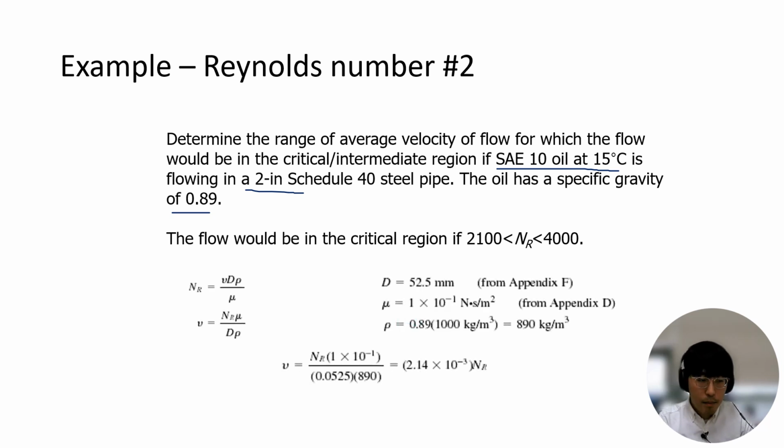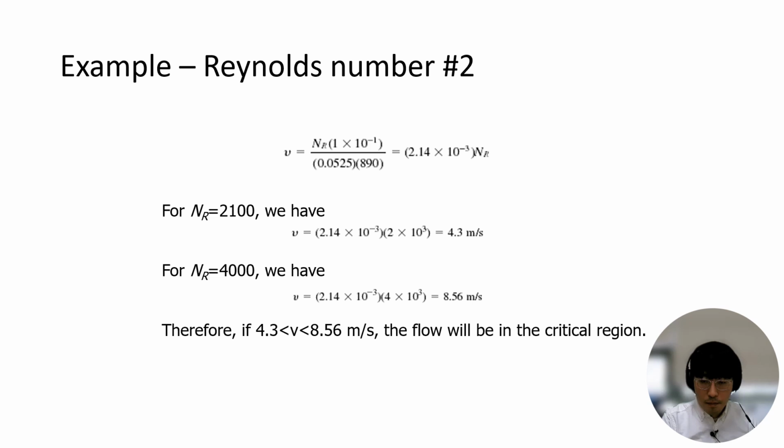So in this example, we want to investigate between which velocities this fluid will be within the critical zone, or the intermediate zone, where the Reynolds number is between 2,100 and 4,000. So here, we easily calculate the velocity when the Reynolds number is 2,100 and 4,000, and that's this.